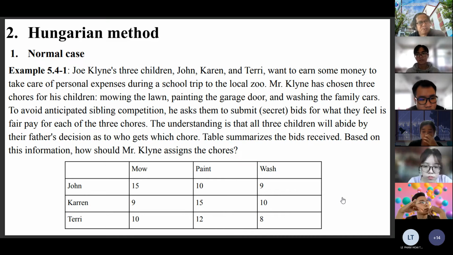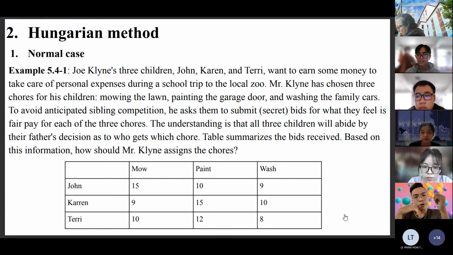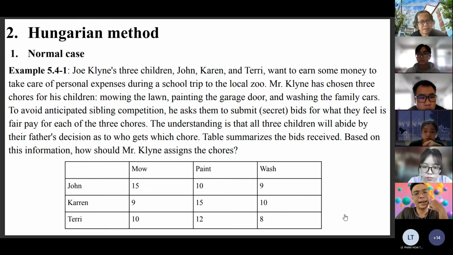Why does he have to do things and he has to pay money too? Pay to whom? I don't know. What is the problem? I don't know if you understand the problem clearly or not.